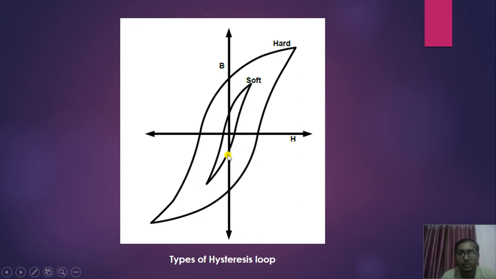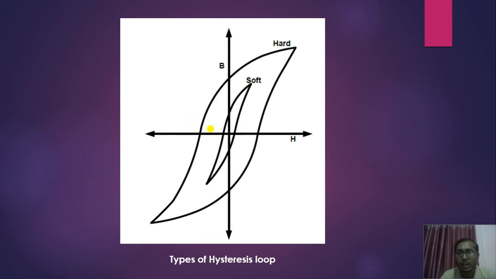Similarly, in soft magnetic materials the coercive force is very small, and the residual magnetism is also very small. For that reason we use hard magnetic materials, that is hard irons, for making permanent magnets, so that they will retain their magnetic property. To remove the magnetic property we need a very high coercive force.